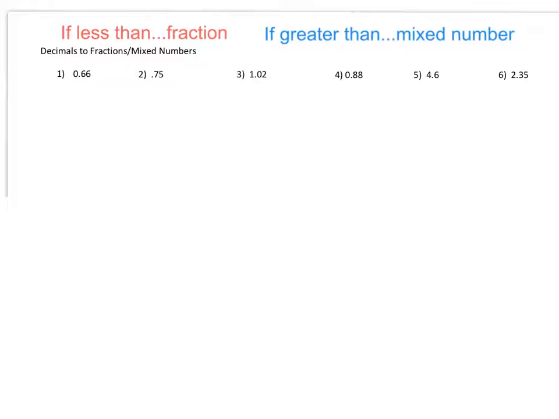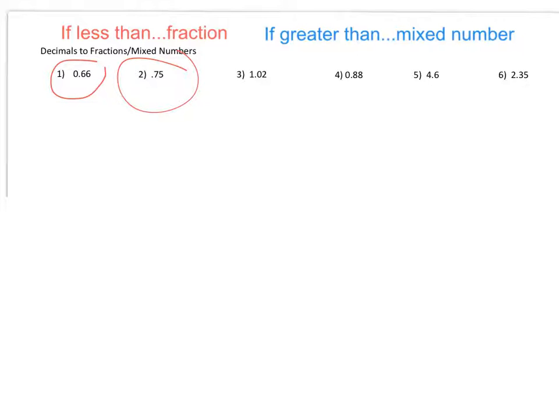So I'm going to quickly go through and help myself determine, is it going to be a fraction or a mixed number? I'm going to circle. This first one is less than 1 whole, so I'm going to circle it red because I know I'm going to need that as a fraction. Number 2 is 75 hundredths. I'm going to circle that one red because it's less than 1.